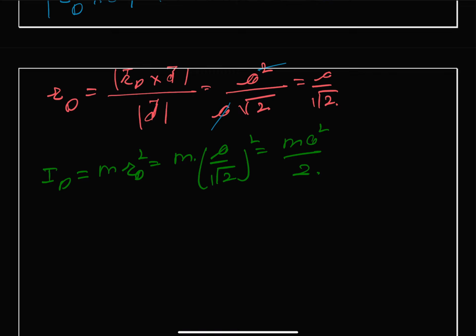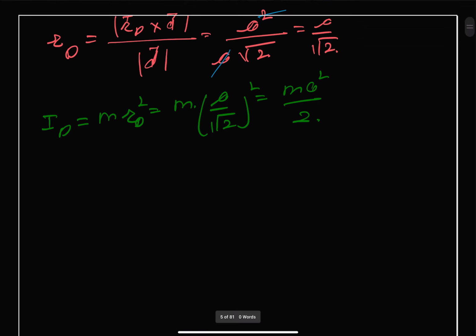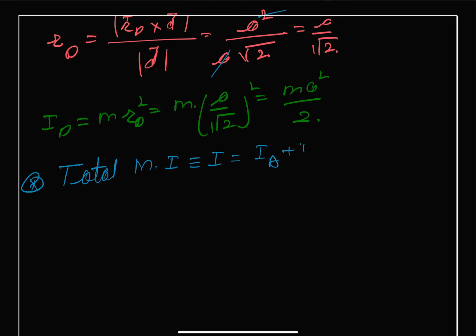So total moment of inertia will be summation of individual moments of inertia. You can say total moment of inertia, which suppose is I, will be equal to IA plus IB plus IC and ID.